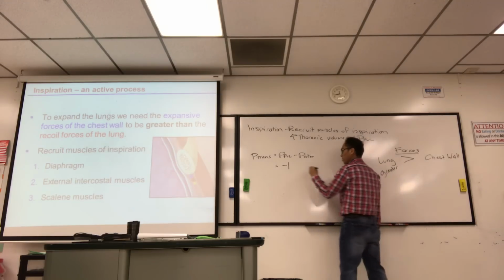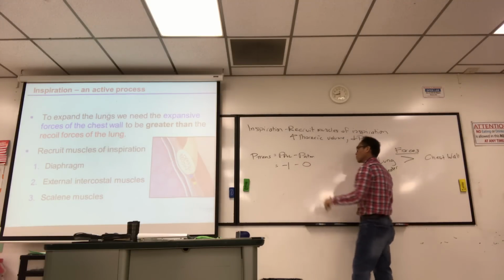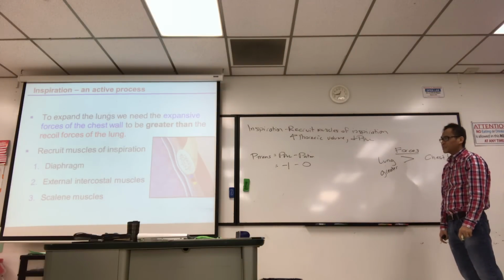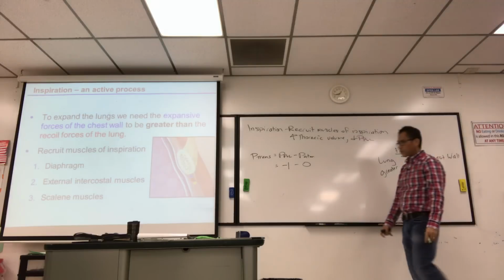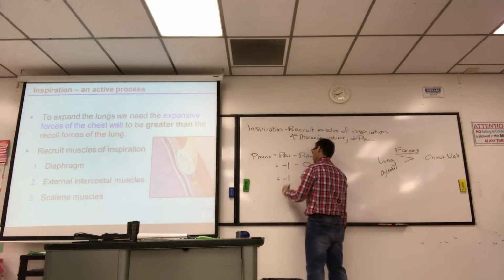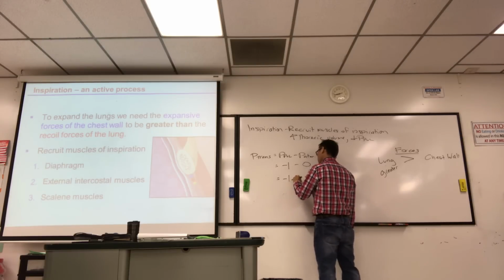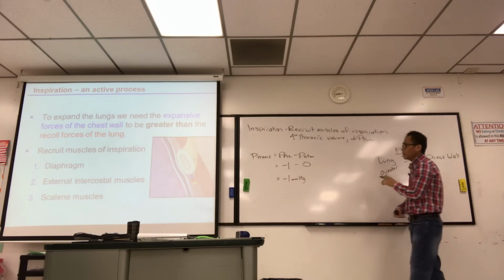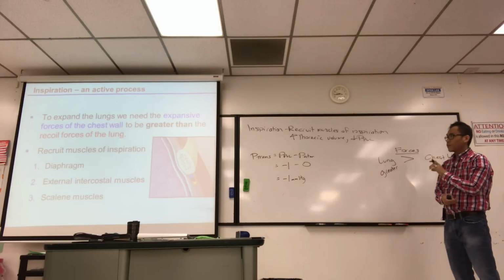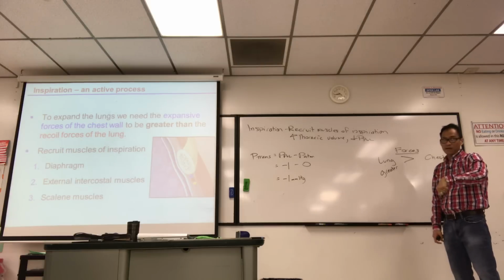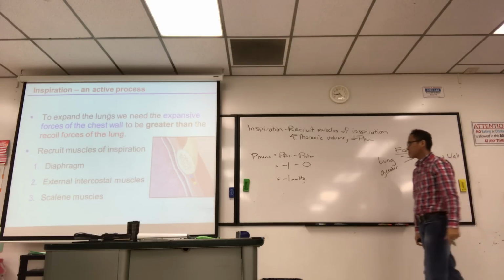The pressure of the atmosphere is still 0. When calculating the transmural pressure, and you don't need a calculator for this one, -1 minus 0 is -1 millimeters of mercury. That means the space inside the lung is negative with respect to the outside, so air flows in. That's what -1 means.